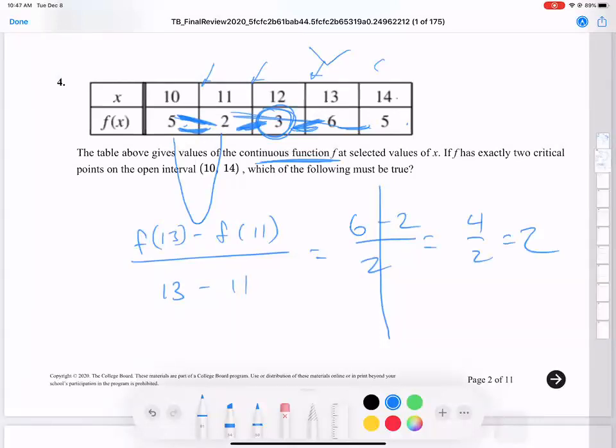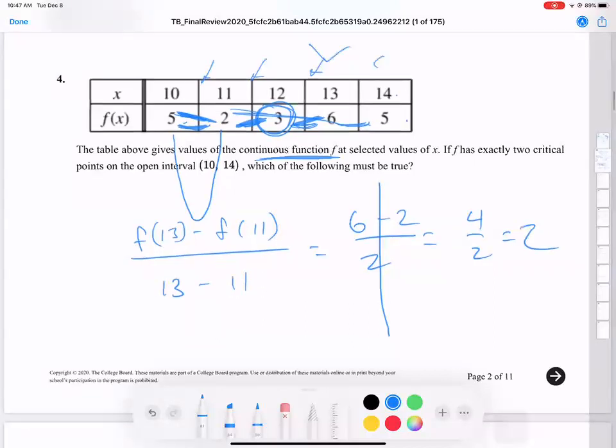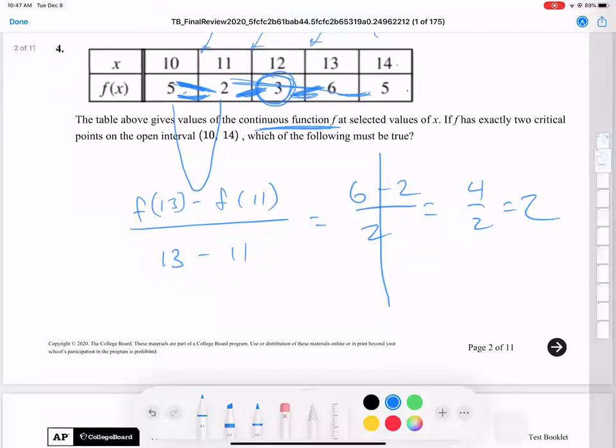If f has exactly 2 critical points on an open interval, okay, so just to say this, we have a change of values and change of values.